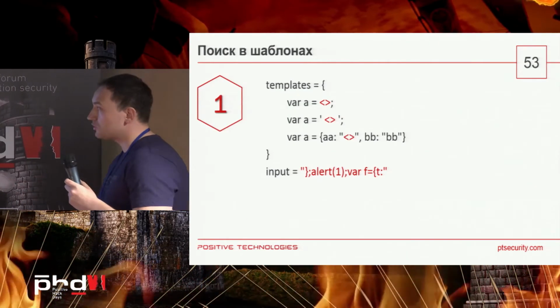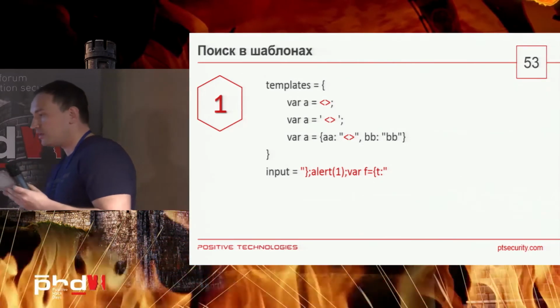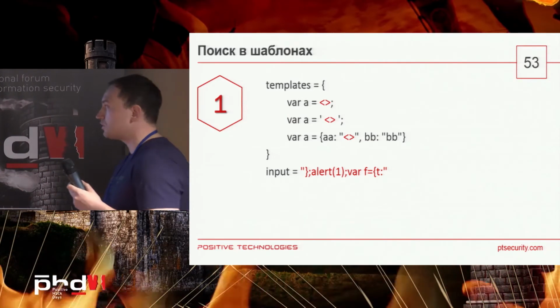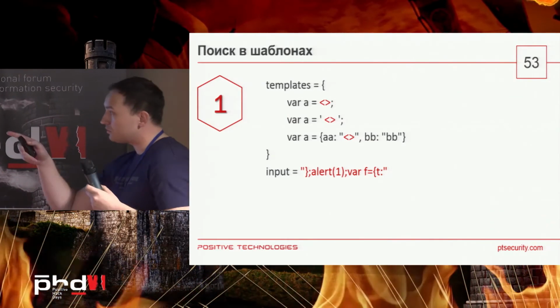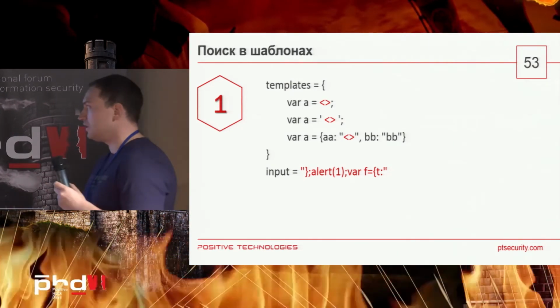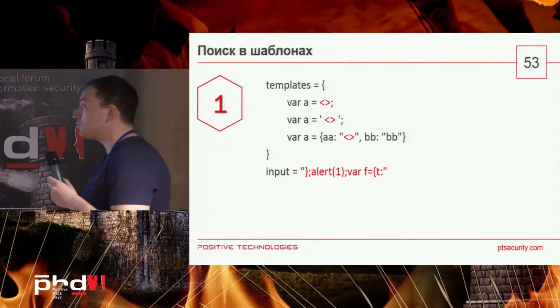The first one is based on preset templates. Where do we get these templates? From typical places where the developer puts user data. For instance, these signs show the place of data injection.